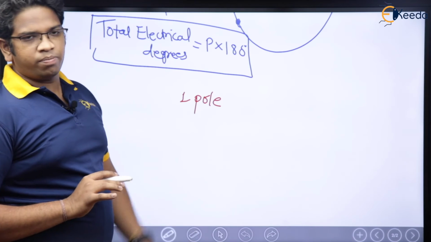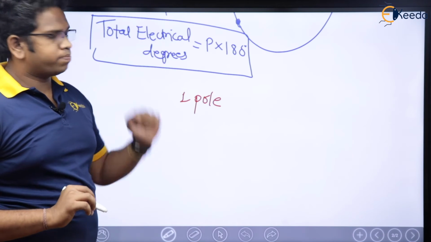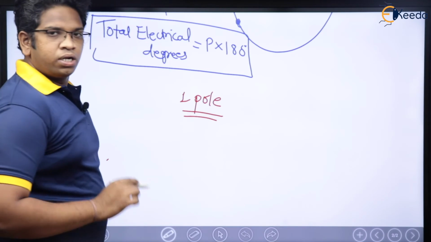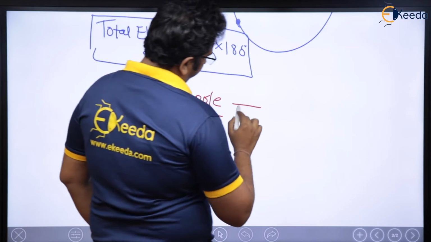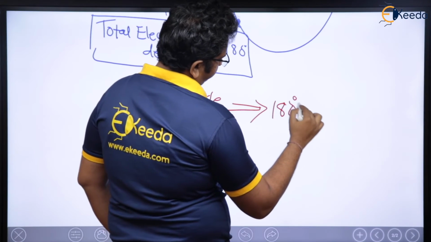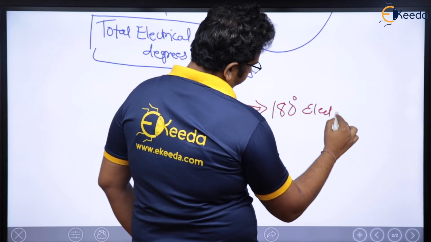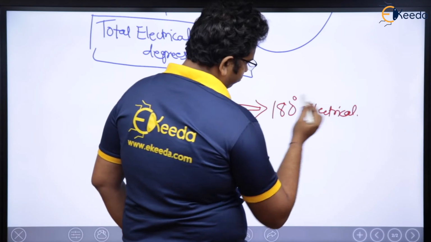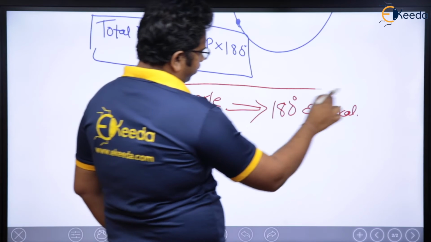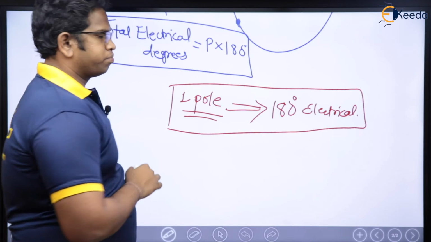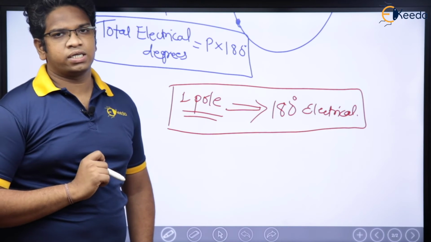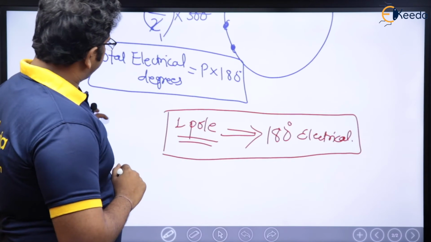If I replace this P by 1, which means one pole, then one pole means 180 degrees electrical. Means one pole brings 180 degrees electrical, or you can say one pole represents 180 degrees electrical. You may tell me, sir, yes, we have understood this.